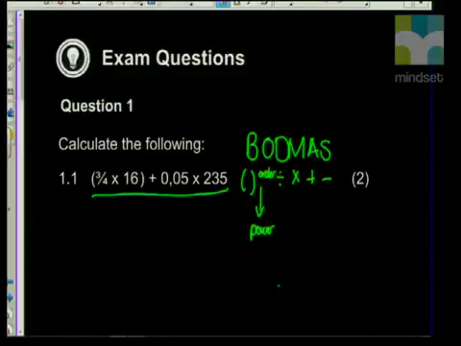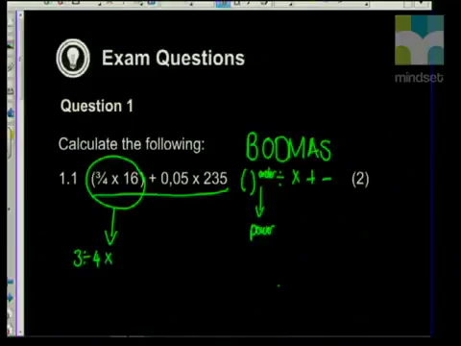So in this situation, I would look and see, oh, I've got brackets, so I'm going to do this part first. If I had to type this onto my calculator, I would type it as 3, and I don't have an over button for fractions on my basic calculator, so I need to remember that if it's 3/4, it means 3 divided by 4, and then times by 16. And I would do that part first. Then I would add, then it'd be 0.05 times 2.